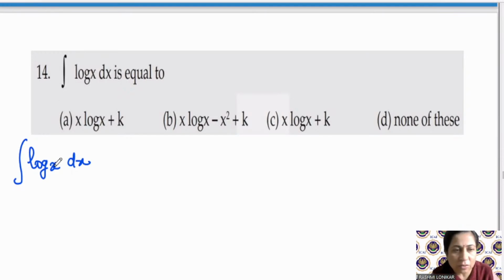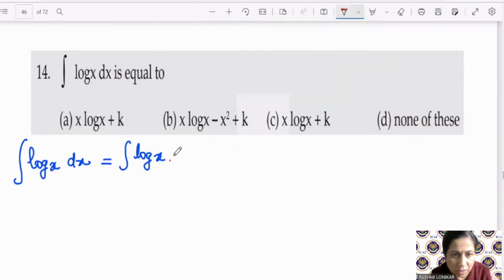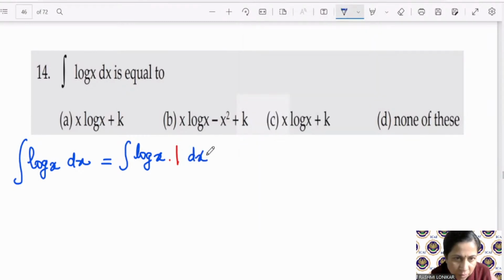Now, we don't have a formula for integration of log x. So the important step is we write down integral of log x, and then we write down into 1 dx. So we make this question into a question that can be solved using the U and V rule.